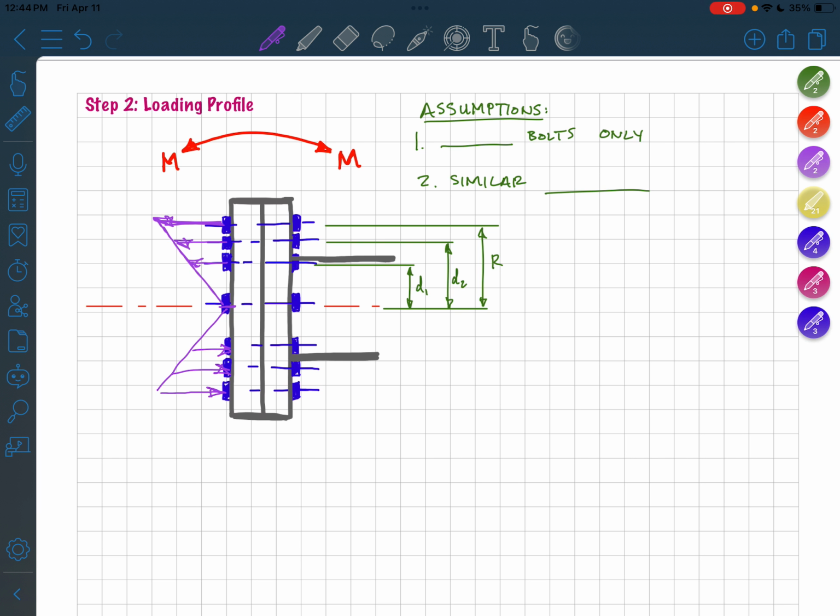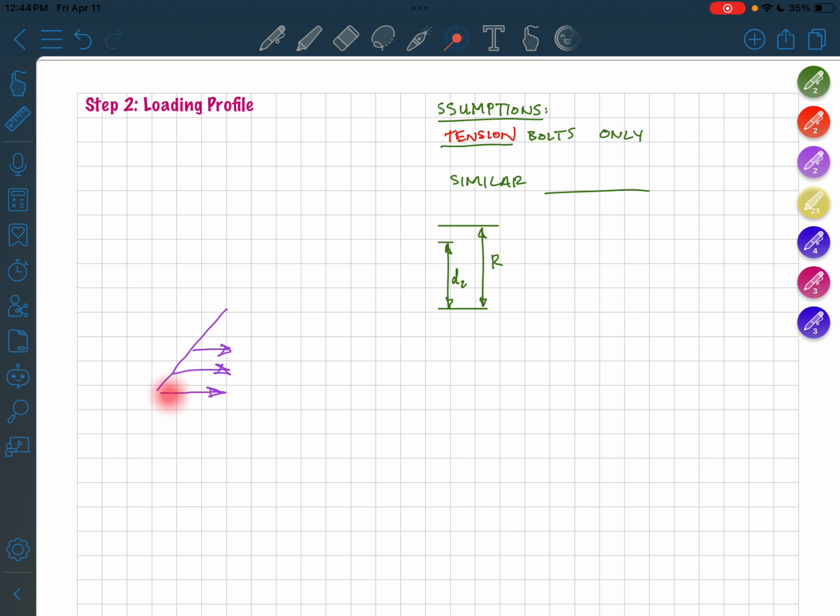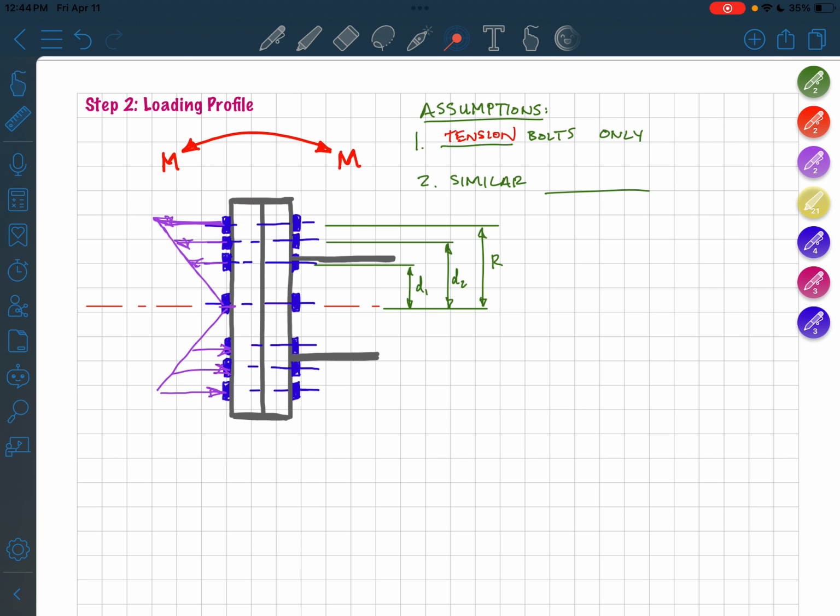Okay. So now we're going to make another assumption. We are going to say that because bolts are intended to be loaded in tension, only bolts in tension are going to be resisting this moment. Bolts in compression below the neutral axis are not going to fail. It's going to be bolts in tension above the neutral axis that are going to be stretched.